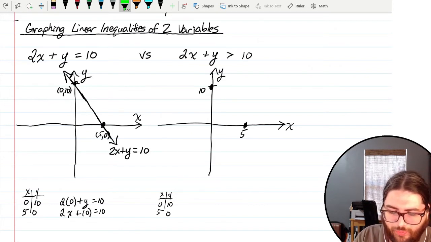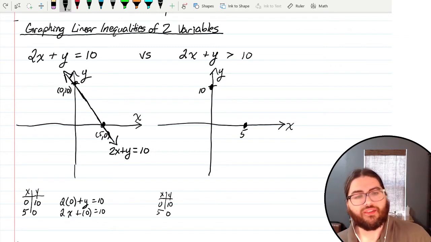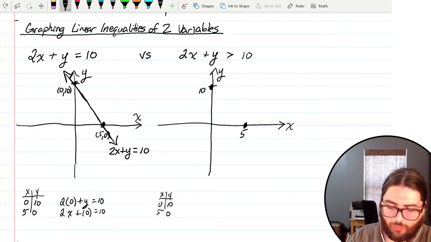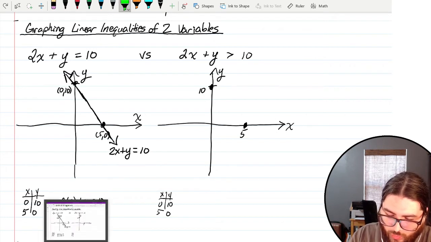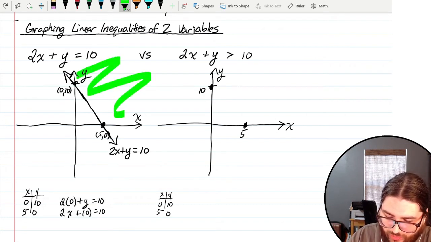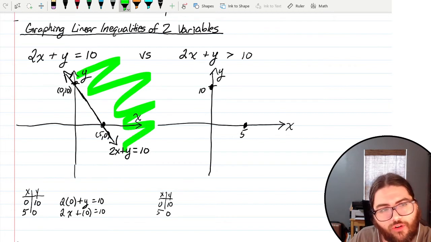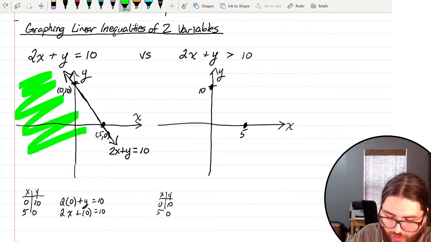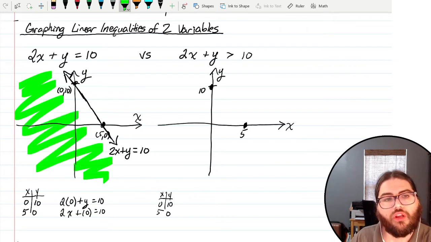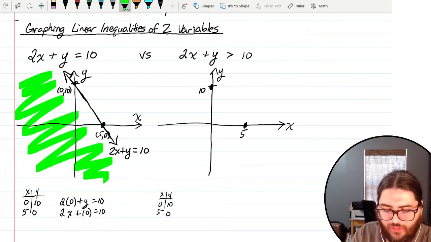The nice part about this is that if you were to, for example, pick points on my left side of the graph, all the points which lie on one side of the graph are greater than 10. All the points which lie on the other side of the graph are less than 10.